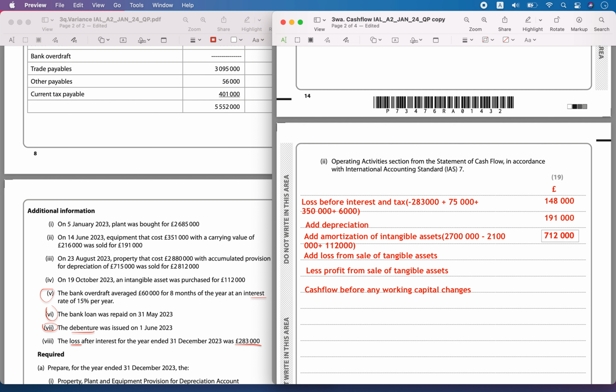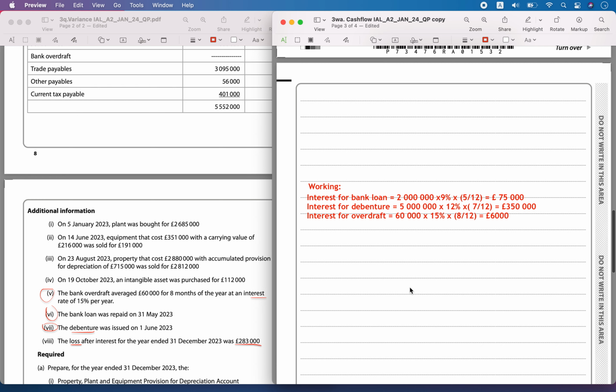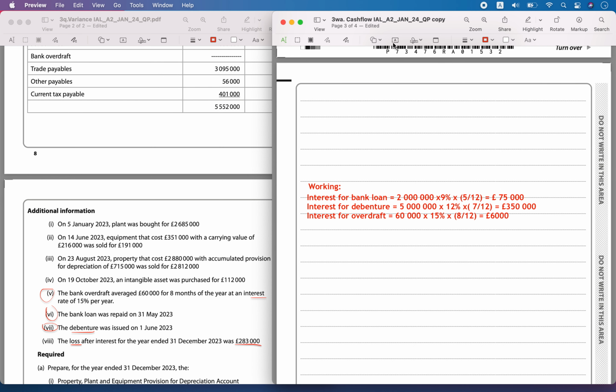So 712,000, and then you have, add loss from the sale of tangible assets. So what is the loss or the profit from the sale of tangible assets? We can see here on 14th October an equipment with a cost of this much and a carrying value of this much was sold. So now let's calculate the profit and loss.